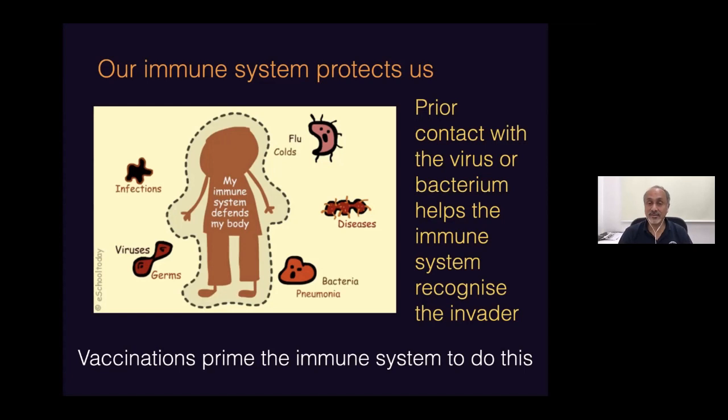It can tell self from non-self. And the moment it senses an attack by a new bacterium, a virus, etc., it mounts a defense against that. So any sort of prior contact with a pathogen, a bacterium or a virus capable of causing disease, can be sensed by the immune system, which will then react to it. This is essentially what vaccinations do. Vaccinations prepare your immune system to do exactly this.